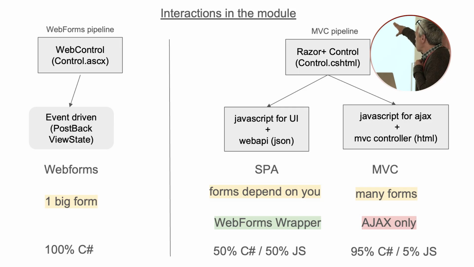So if you want to use an MVC controller for each module to manage the interactions, you have to create an MVC controller that only returns the HTML of your module. So just a part of your page, and not the whole page as usually done in MVC. To manage that, you have to control the call to your MVC controller by JavaScript, by Ajax.